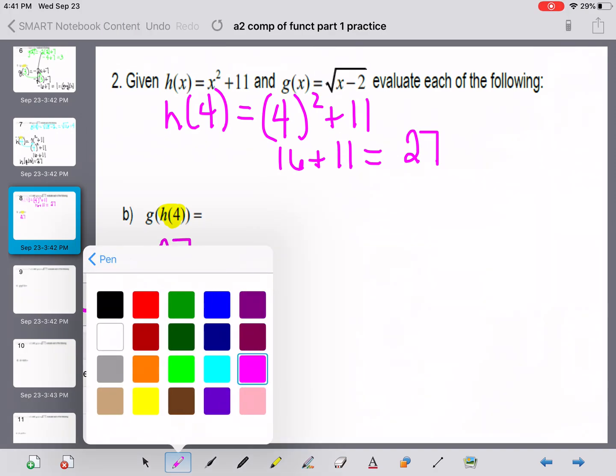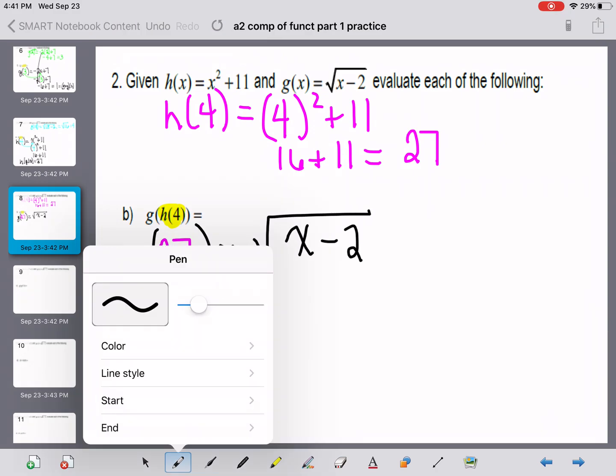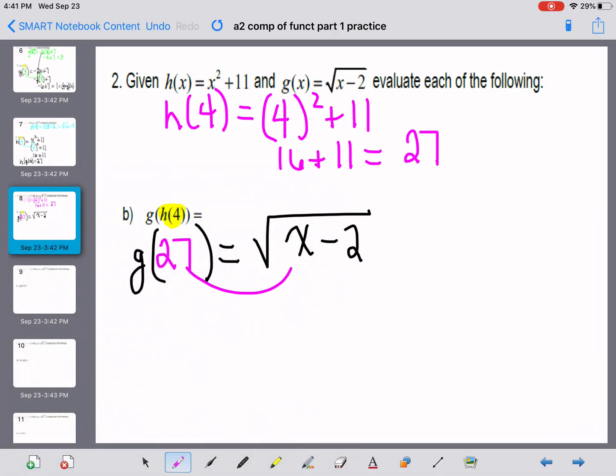And now we're going to use that value to go back into the g function, our g function being the square root of x minus 2. We're going to take that value of 27, and x is going to be replaced by that.